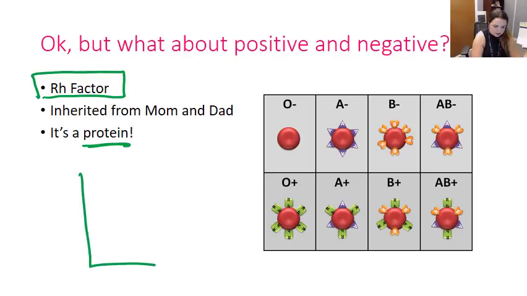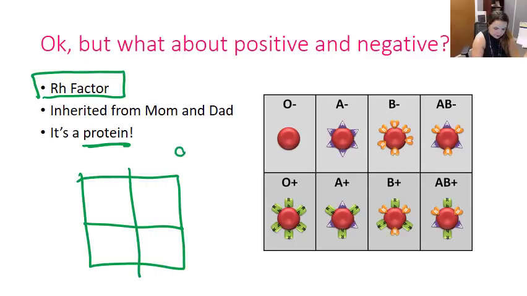So let's make ourselves a nice little Punnett square. Okay. And let's say on top, we're going to have mom, and on bottom, we're going to have dad, okay? Let's say mom is O positive, okay? And I know that my father was O positive and my mother was O positive. So it is likely that I am positive for RH factor.